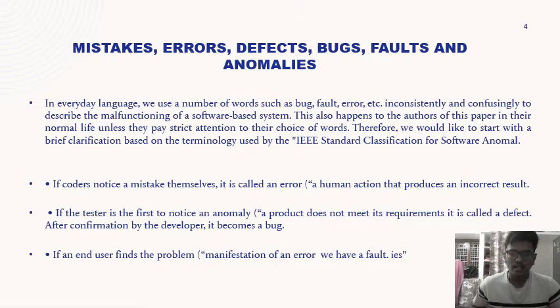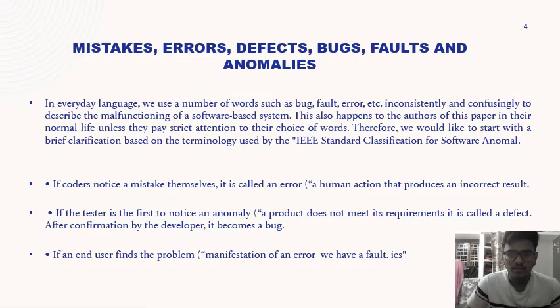Mistakes, errors, defects, bugs, faults, and anomalies. In everyday language, we use a number of words such as bug, fault, error, etc. inconsistently and confusingly to describe the malfunctioning of a software-based system.